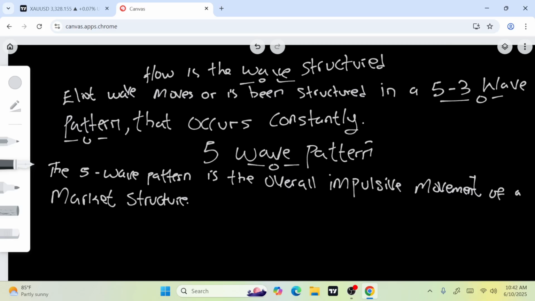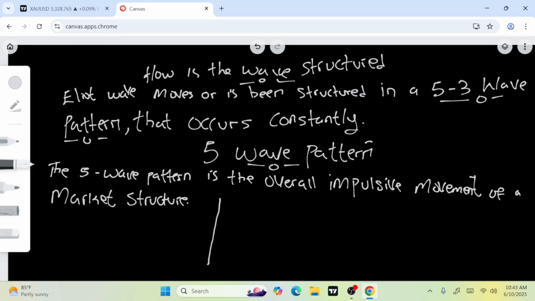It implies that when you see a structure of an impulsive movement in an uptrend scenario like this, boom. Now, this is an overall impulsive movement. But within the fractal of that impulsive movement, there's another what?